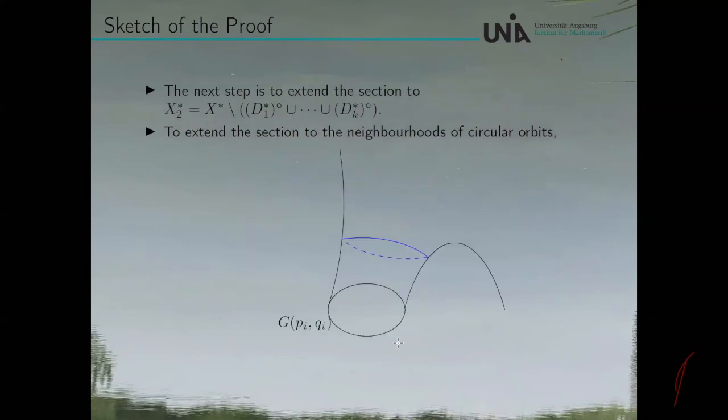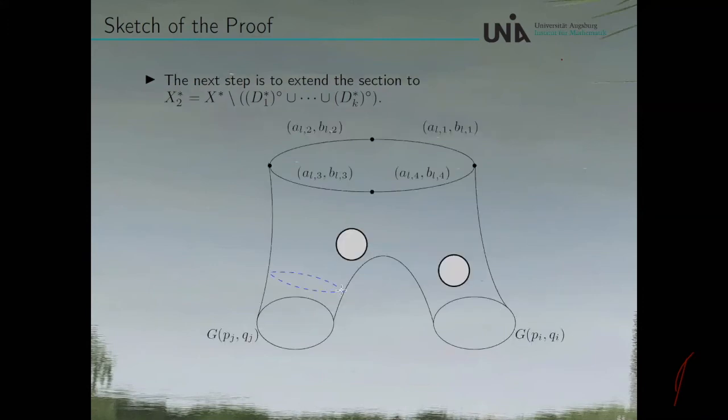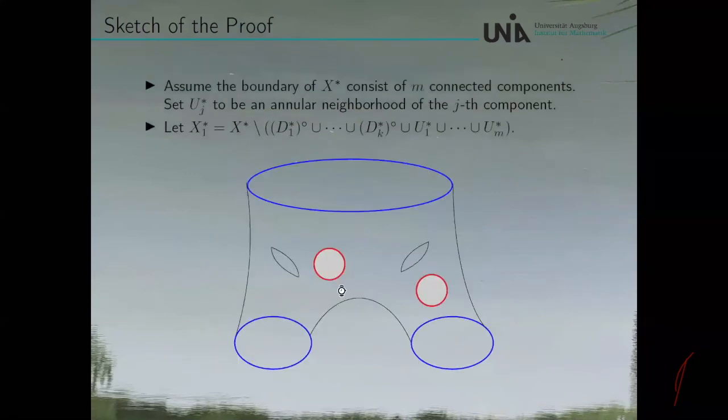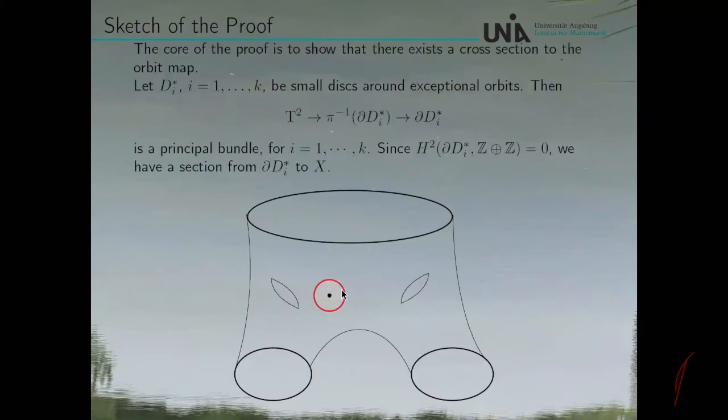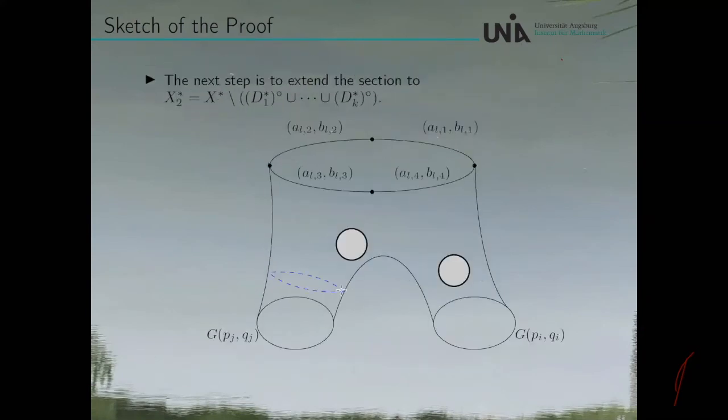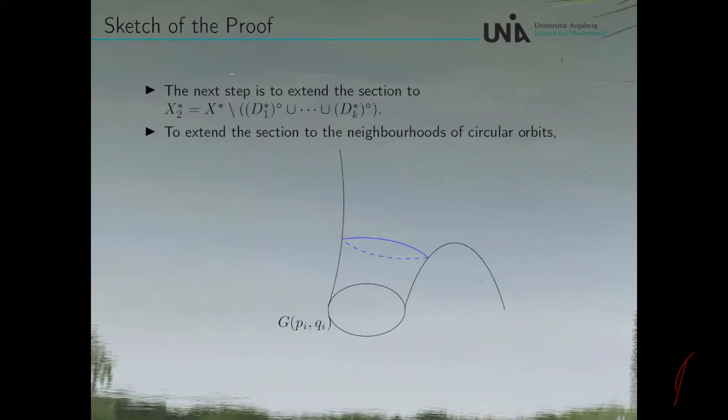If we go back, we are in this situation. I have a section on this blue part, and I want to extend it to this whole annular neighborhood.